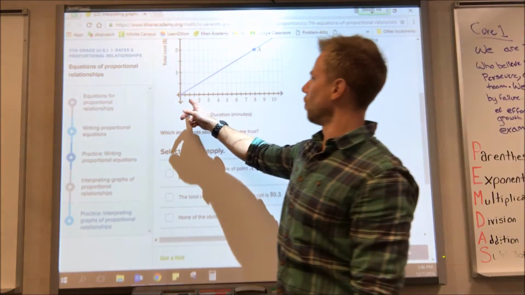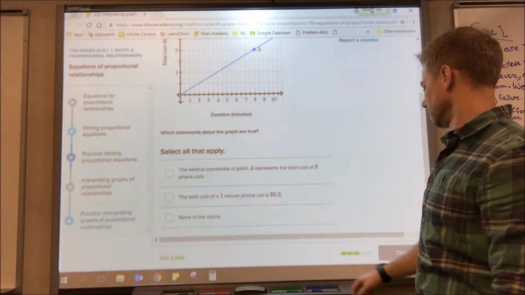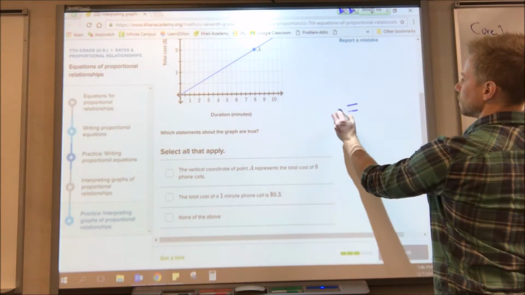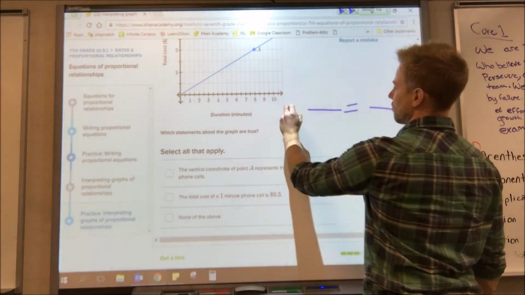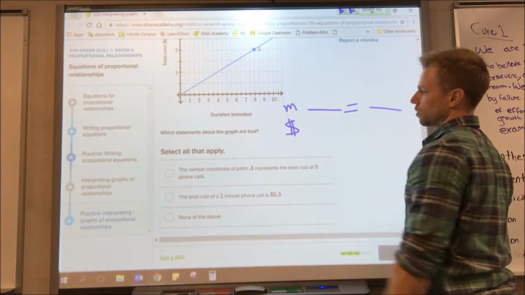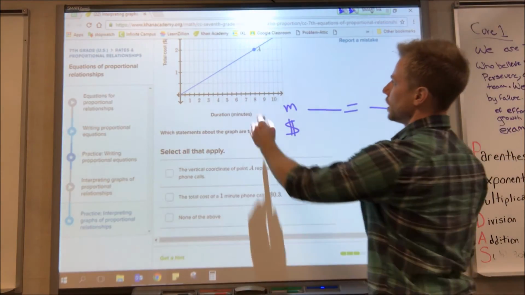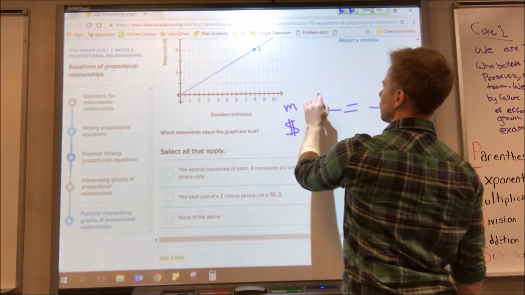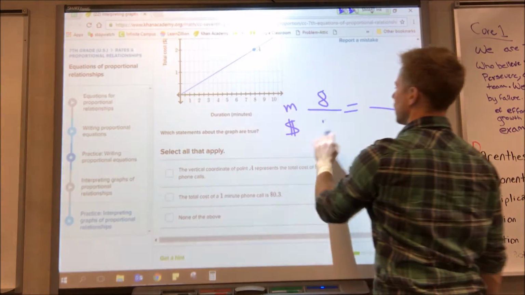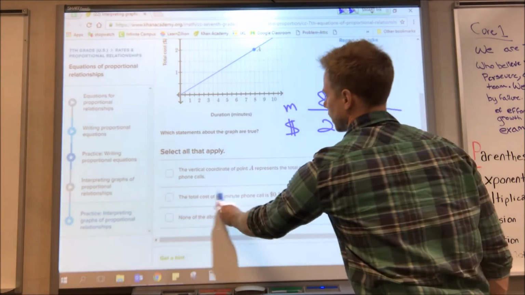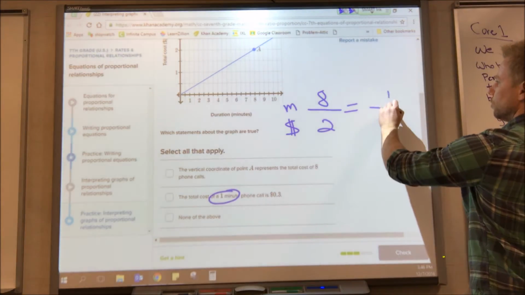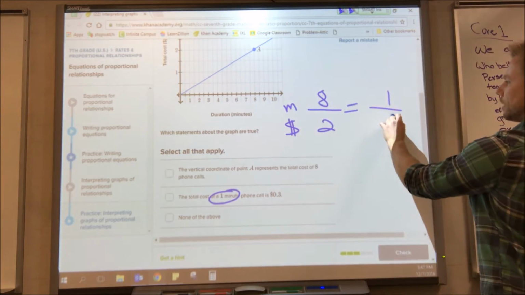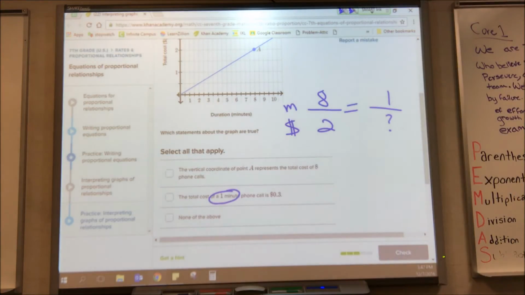So if we go over to 1, is it 30 cents? Again, we have to set up a proportion. We have minutes and we have total cost, or money. We know that 8 minutes is $2, so we're trying to figure out what 1 minute would be. Put 1 on the top because that's where minutes are, question mark on the bottom.